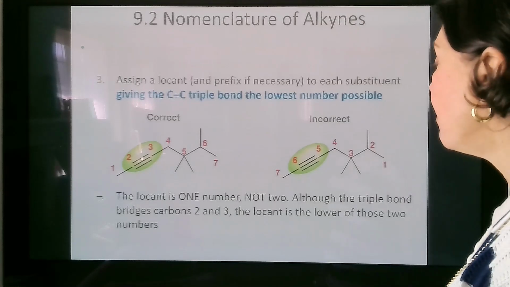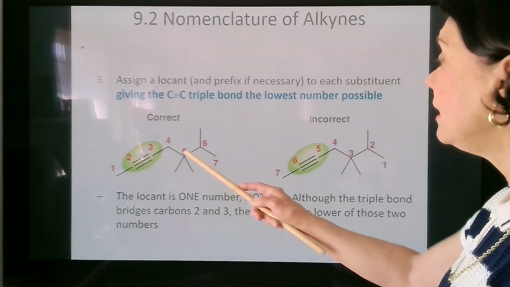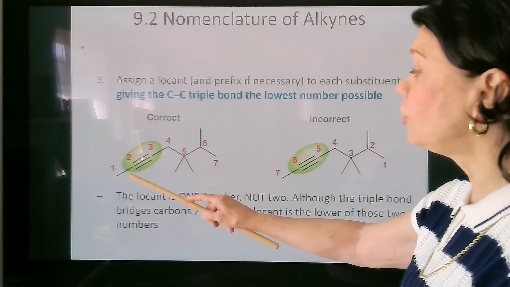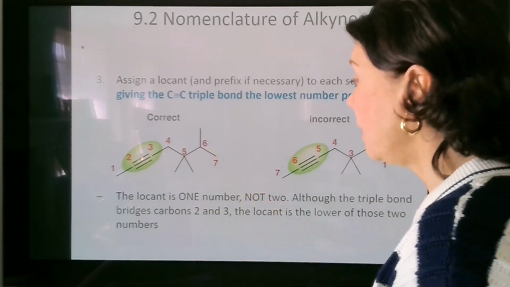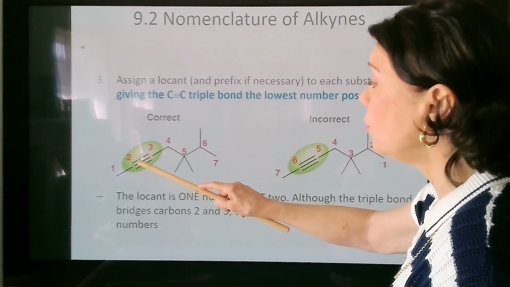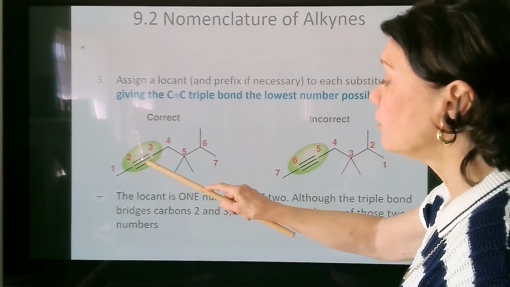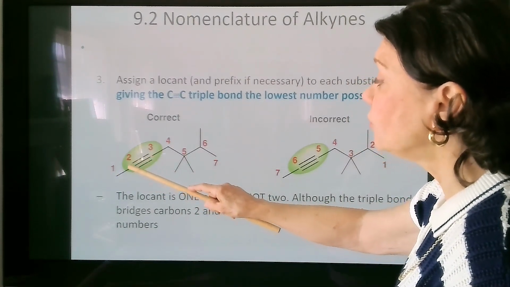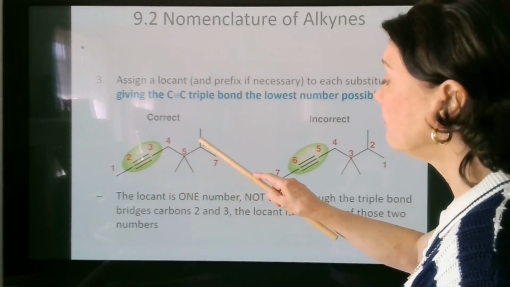Now, these are other molecules, and these 2 molecules are the same. It just shows the different ways to number these. And so you can start numbering them in order to have the alkyne functionality with the lowest number. So 1, 2, 3, 4, 5, 6, 7.